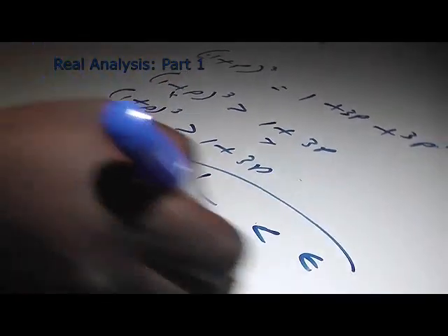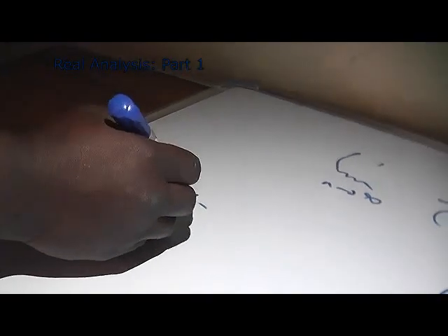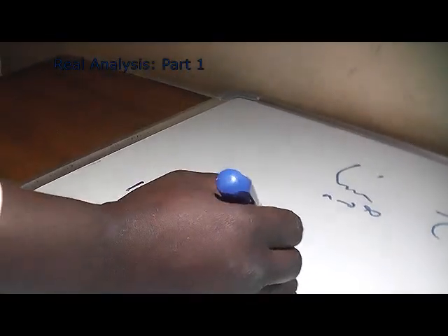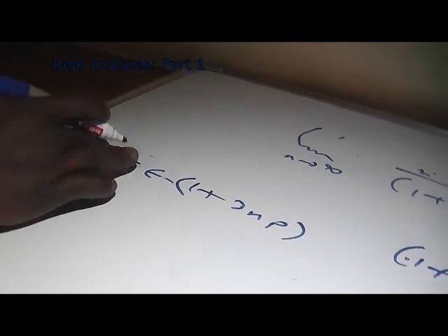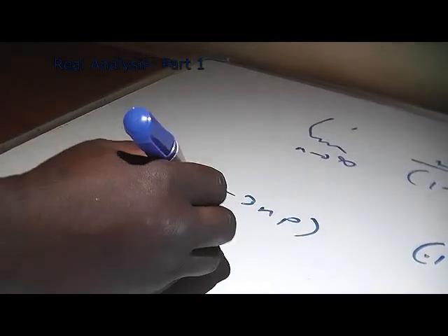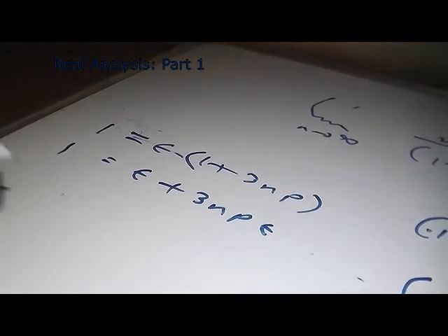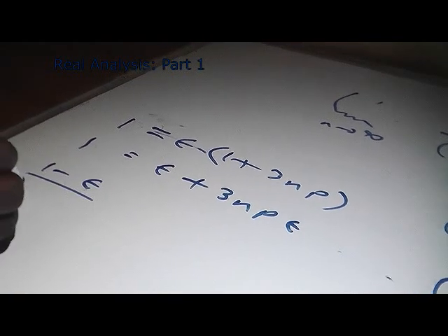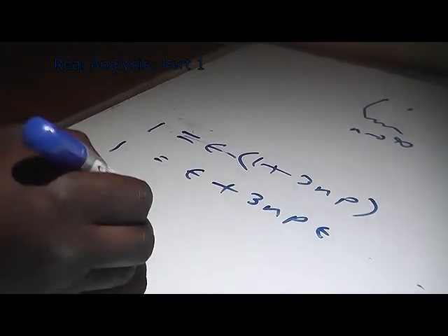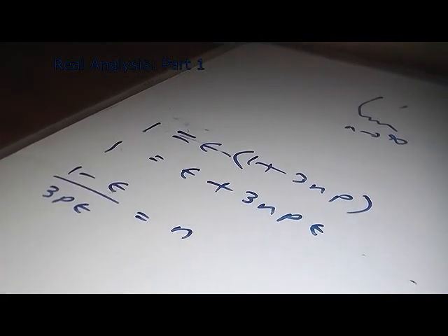Now to make n the subject here, we take 1 equal to epsilon into (1 plus 3np). This is 1 equal to epsilon plus 3np epsilon. And this is (1 minus epsilon) all over 3p epsilon equal to n.